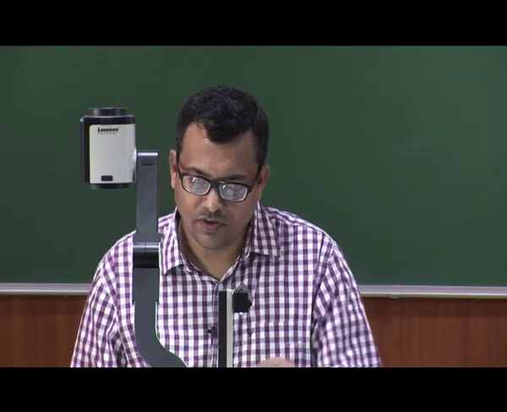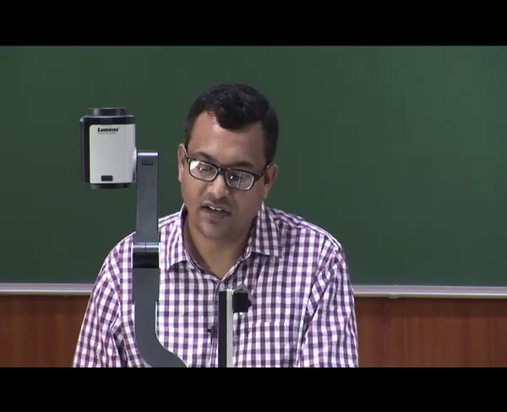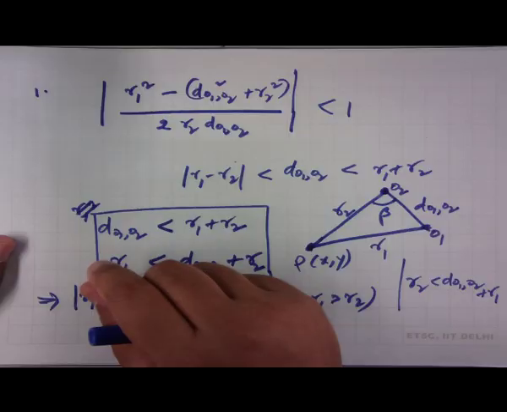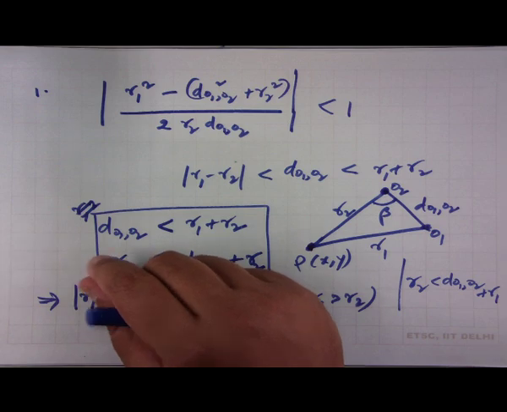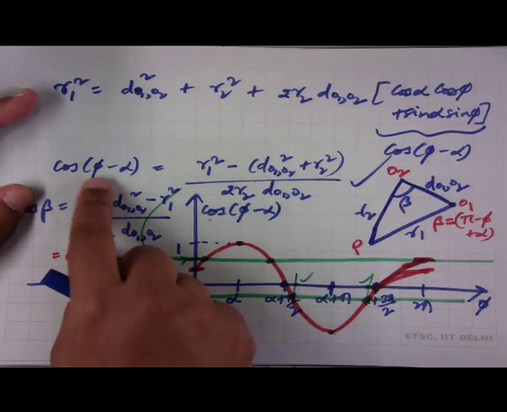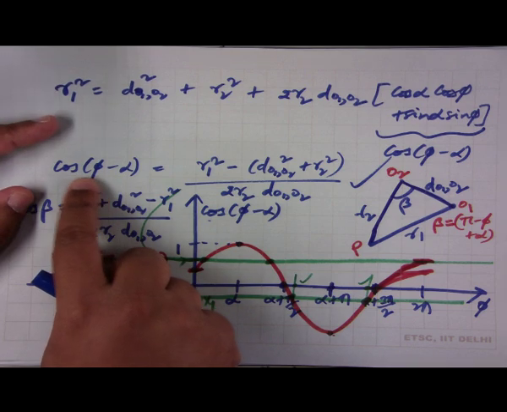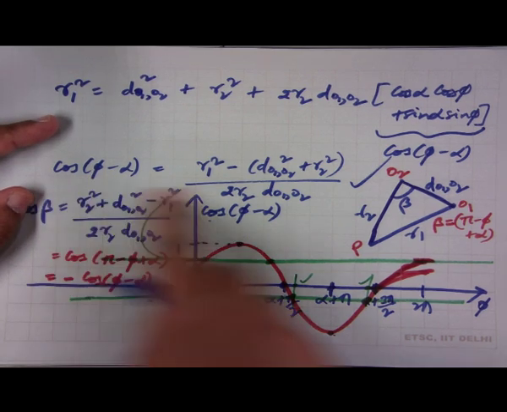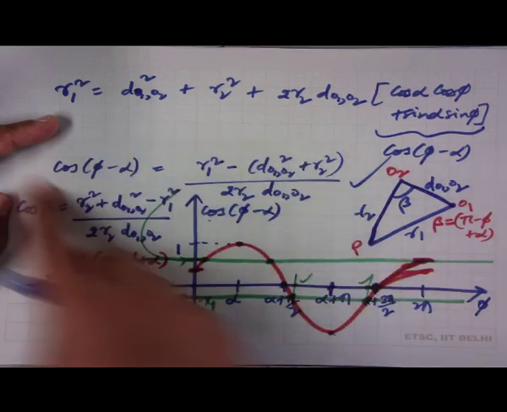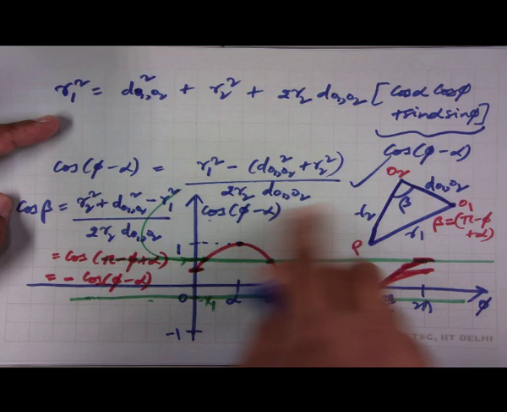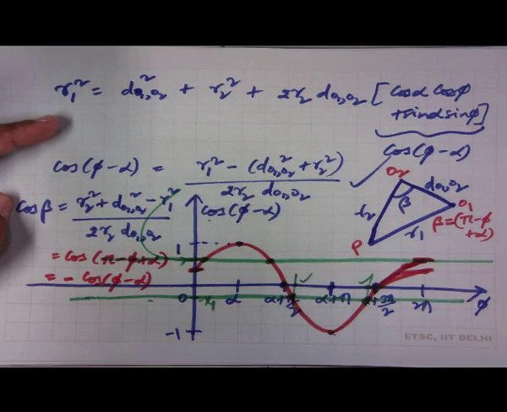So, what we have so far shown in this lecture is that if the two circles intersect at two points, so what I mean to say is that if there are two distinct solutions of phi to this equation, which will happen only when this right hand side has absolute value less than 1.